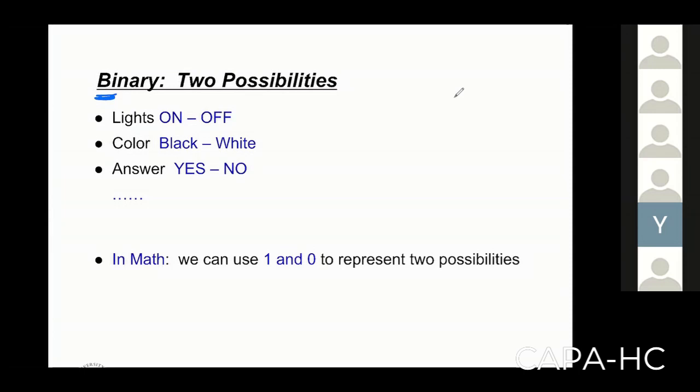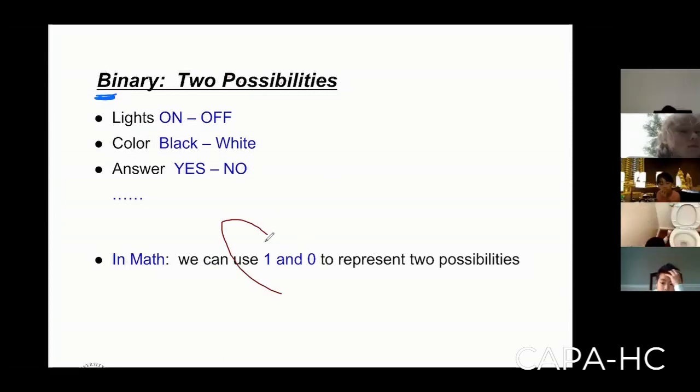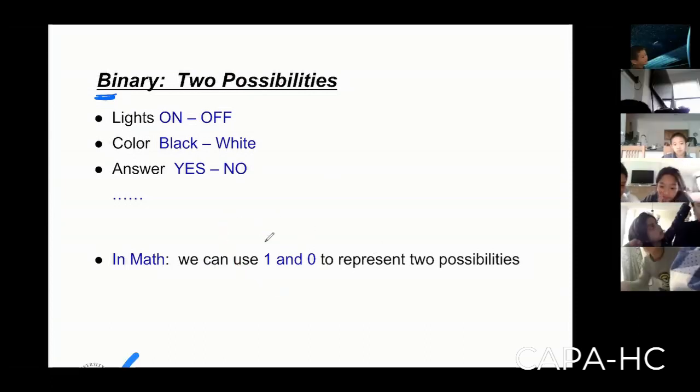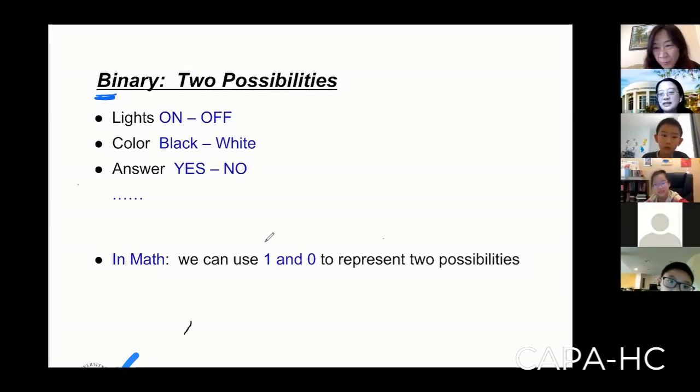Okay, she just got left out. Okay, now I saw our friend Lucas He. Would you be able to tell us some examples of 2 choices? You are muted. 2 choices. Yes. What things around you have only 2 choices that you think this Magic Kingdom people would also have?